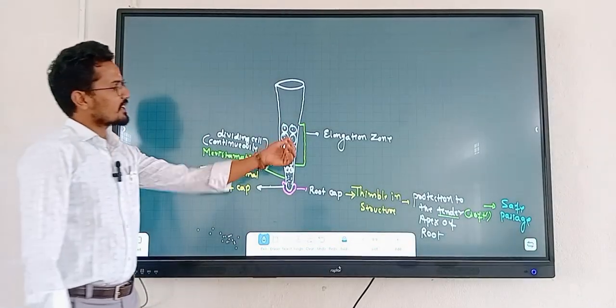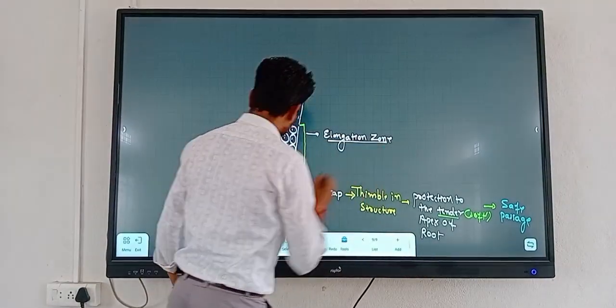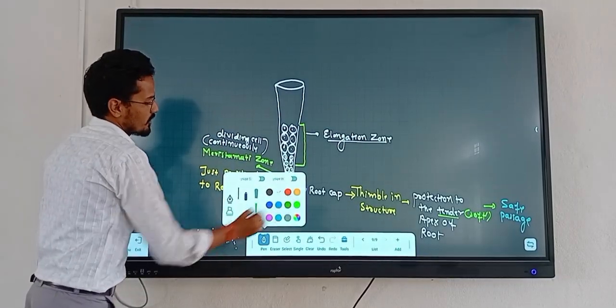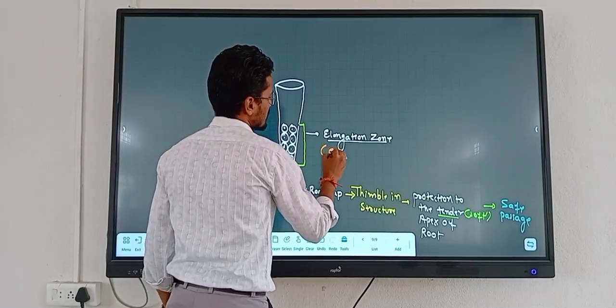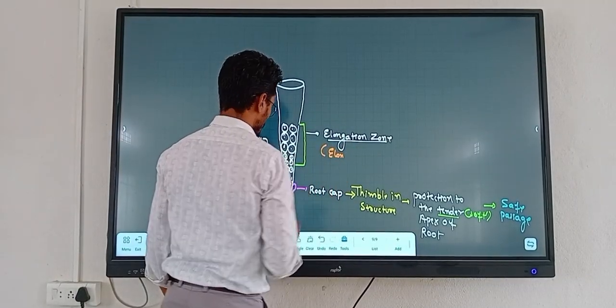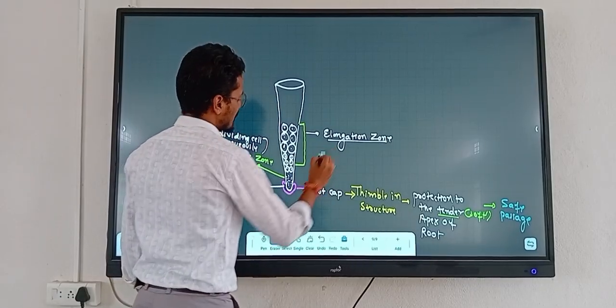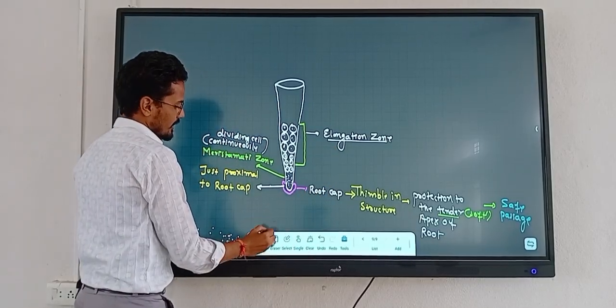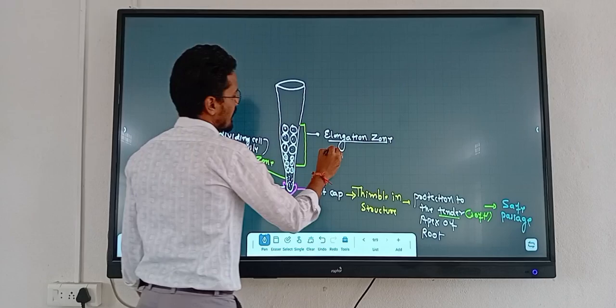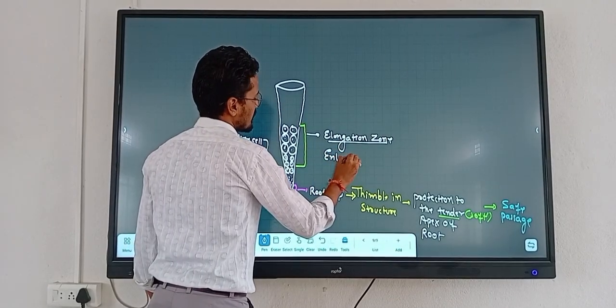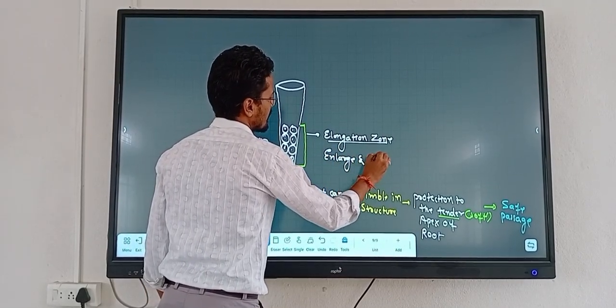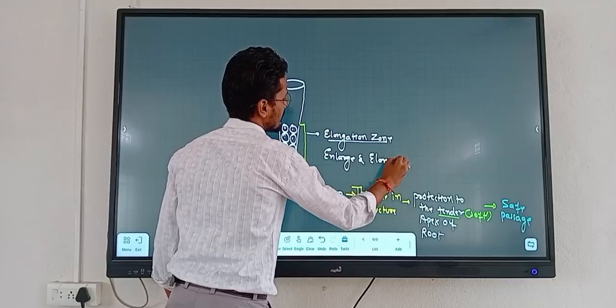That's why this is called the elongation zone, where cells get enlarged and elongate.